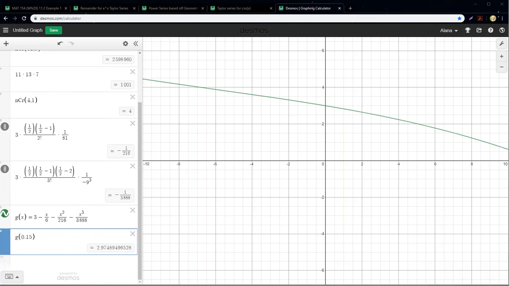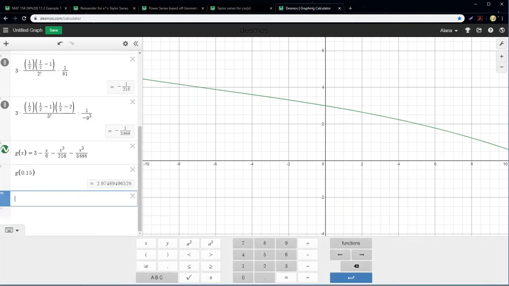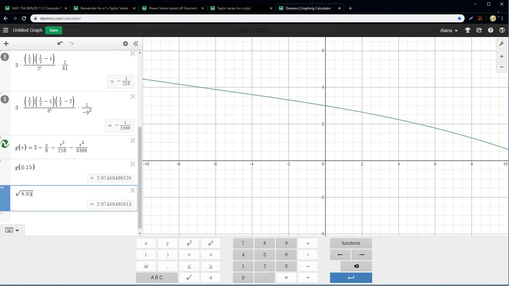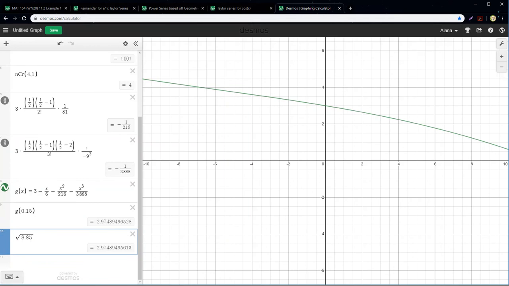It might be interesting to note what the square root of 8.85 is, as far as Desmos is concerned. And you can see where we're losing the difference is there in those last few decimal places. So it has 5613 there.